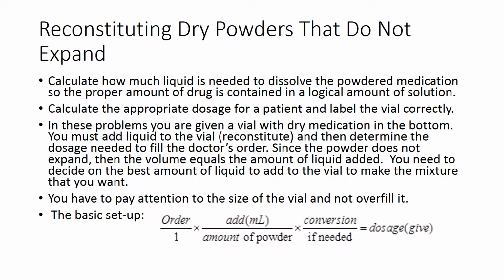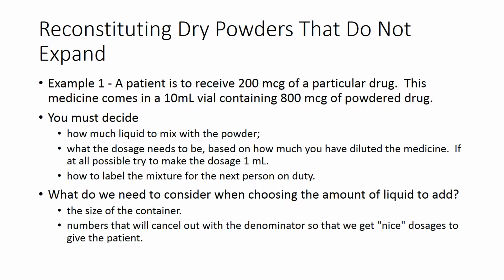The basic setup for all of these examples is going to be the same. Your order per dose times the amount of liquid that you need to add divided by the amount of powder times any conversions that you need, and this will give you the dosage. So in example 1, a patient is to receive 200 micrograms of a particular drug.